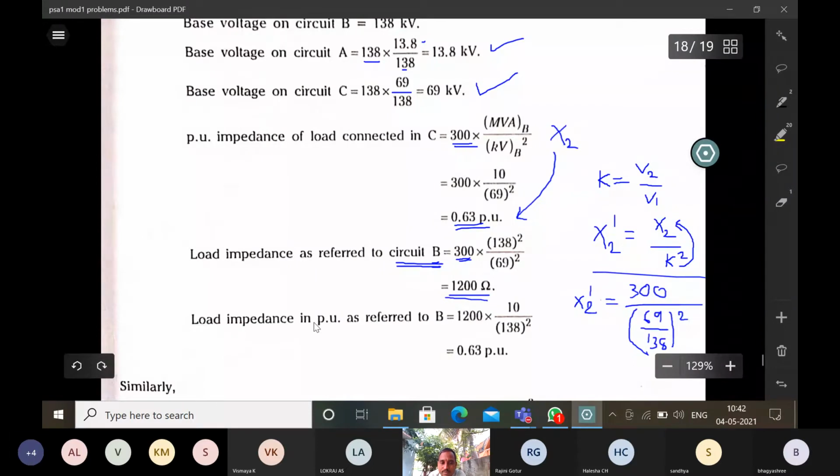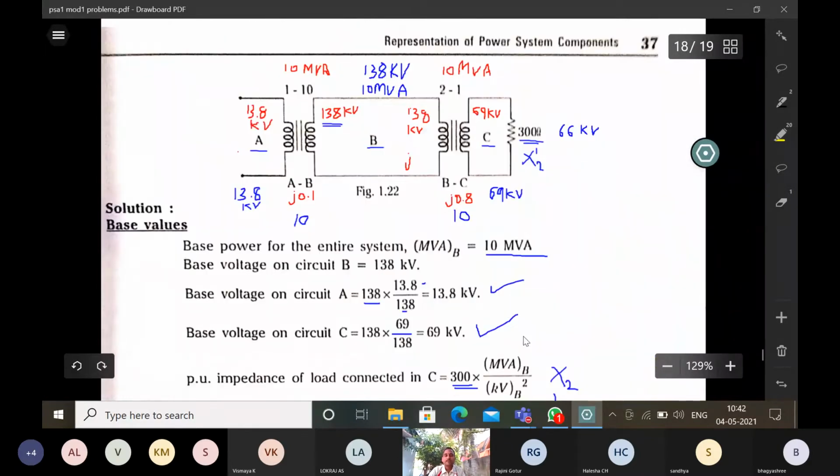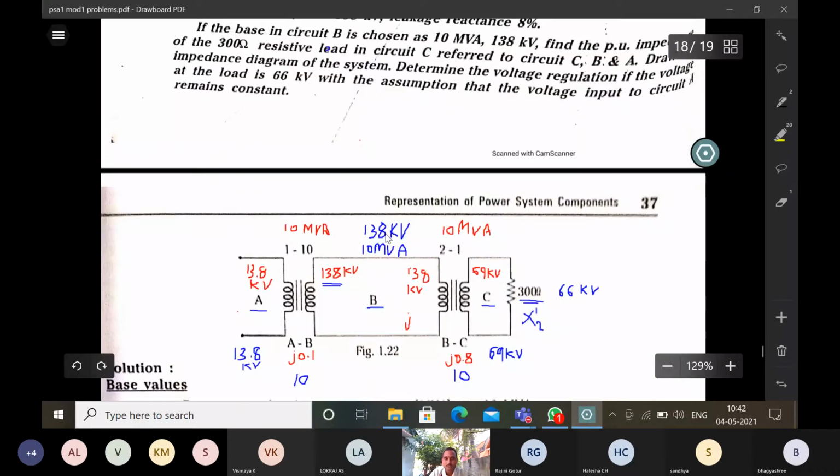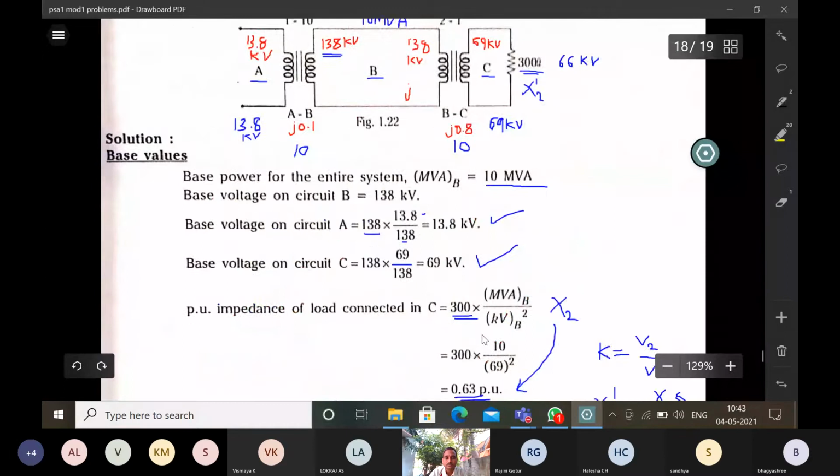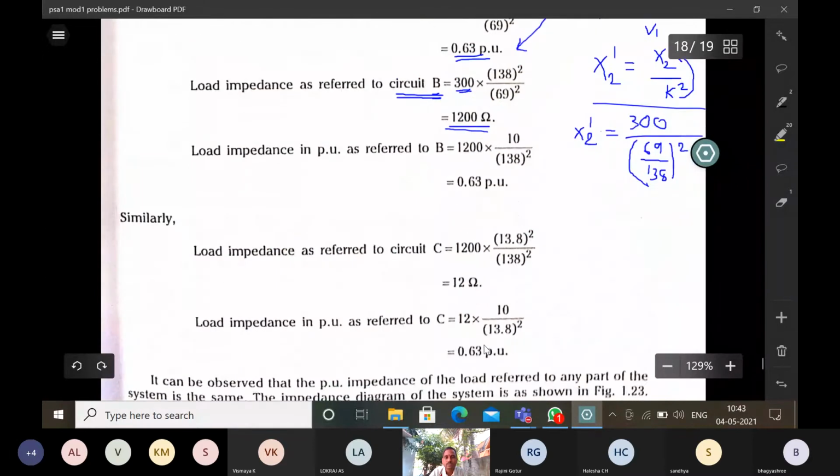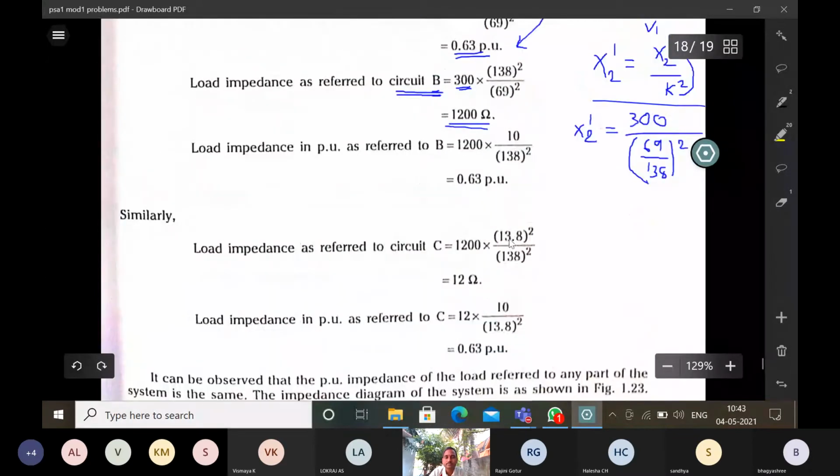Now the load impedance in per unit referred to circuit B: 1200 into 10 by the kV rating of B section, that is 138 as the base voltage, squared. Is it clear? Sorry, you will get 0.63 per unit.